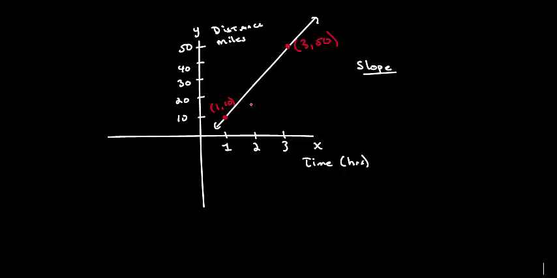The question is, what's the slope of this line? Let's go ahead and get that value first. So the slope we call m, and the slope is defined as the change in the y variable divided by the change in the x variable. So what is the change in the y variable?